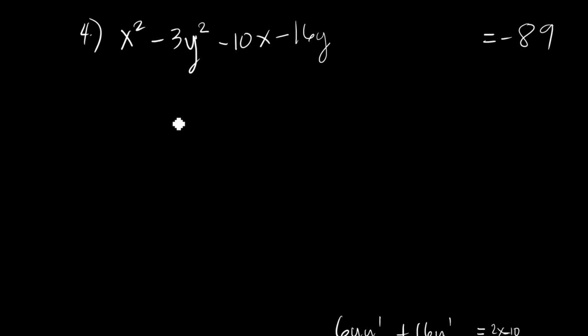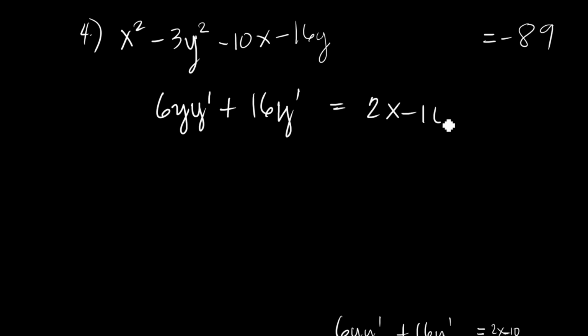Let us write this. That is 6y prime plus 16y prime equals 2x minus 10.